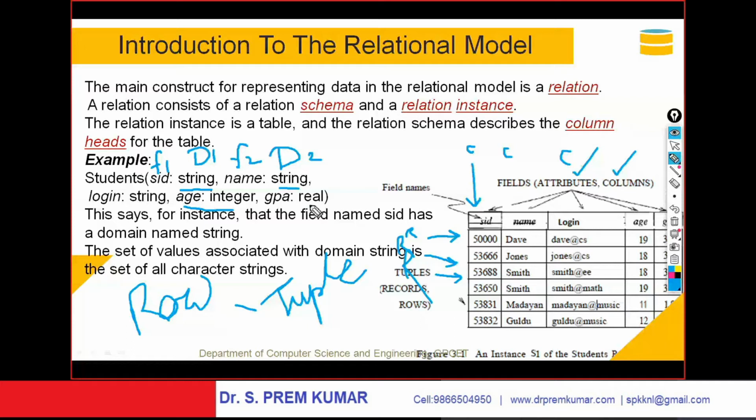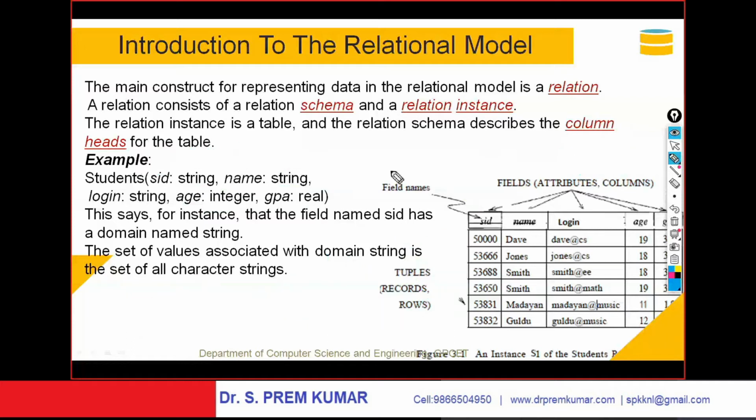When you observe this, Student is the name of the relation, meaning the table. The entire table is called Student. Student number is of string type. Name is of string type. Login is of string type. Age is of integer type. And GPA is of real type.